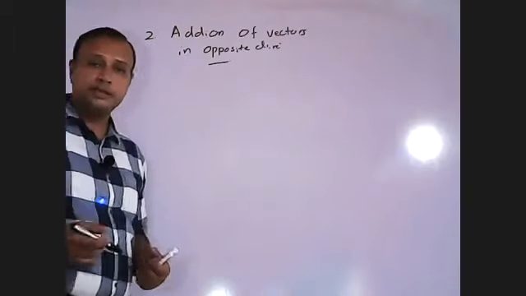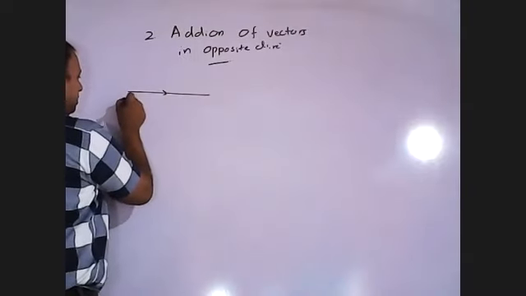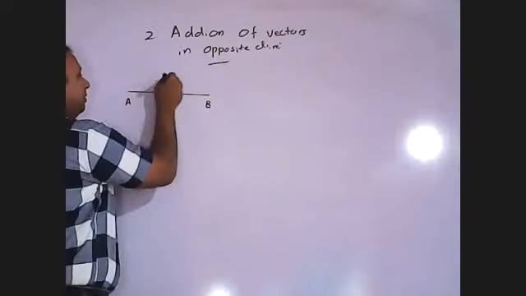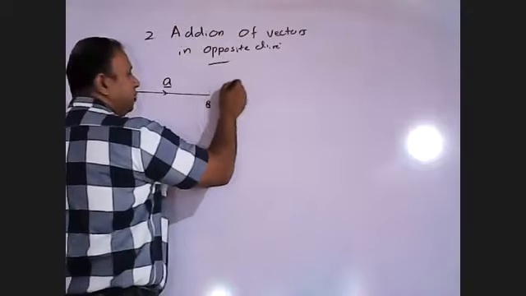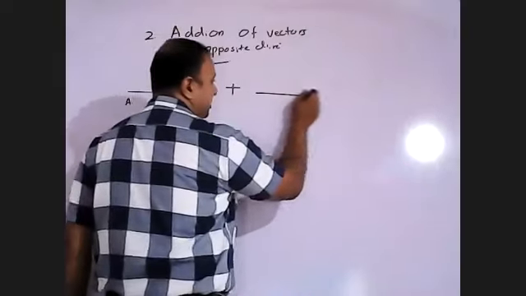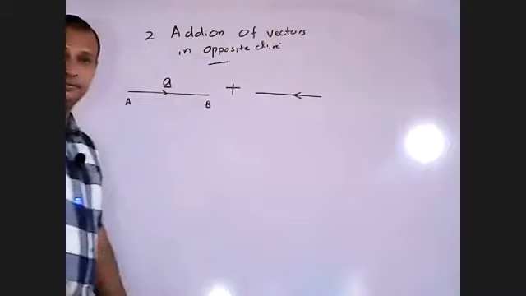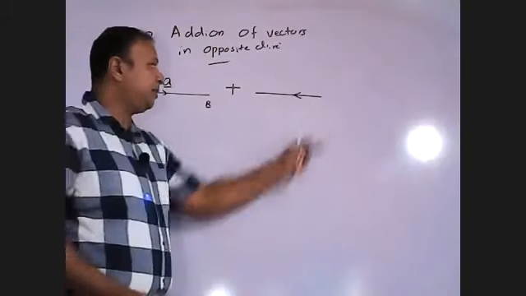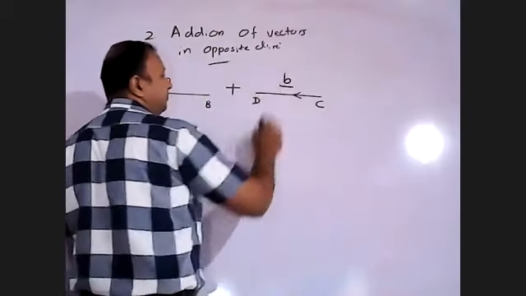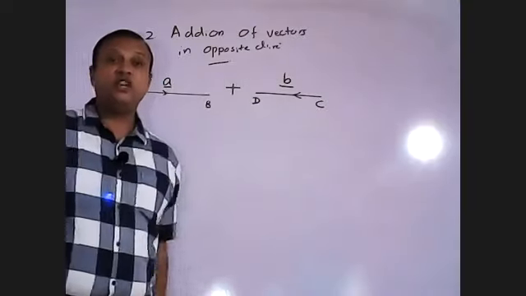Suppose that, and I have to add this vector to a vector which is in opposite direction to AB. So this is the starting point. So C to D, this is B. I have to add A and B, which are in opposite direction.